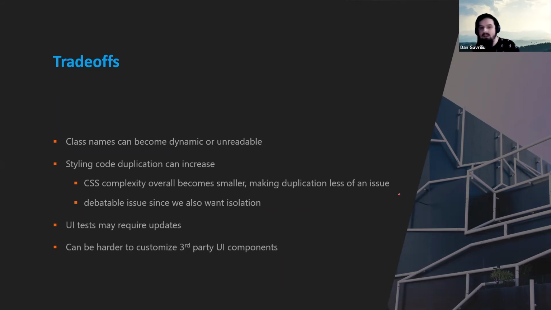Some would say that class names, because of different isolation techniques for CSS, can become really ugly and hard to understand, and make things look less usable. There are some arguments to this that are relevant in the sense that UI tests, for instance, sometimes rely heavily on class names to identify components. In those scenarios, UI tests will have to require some changes as well.